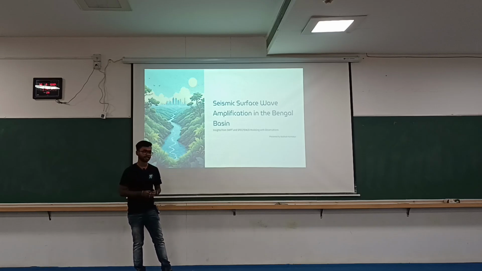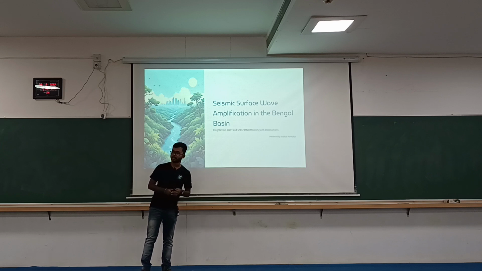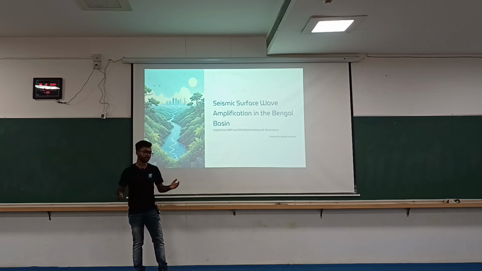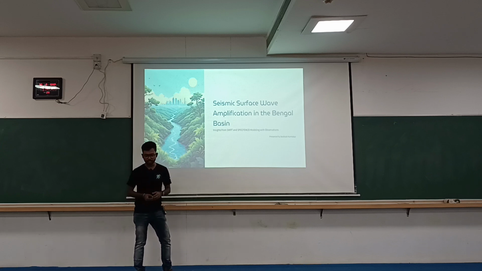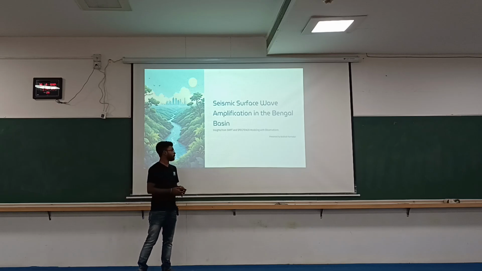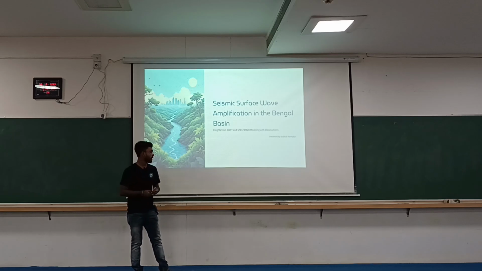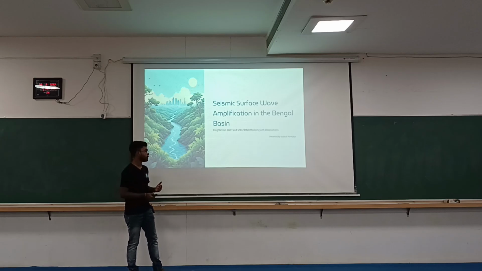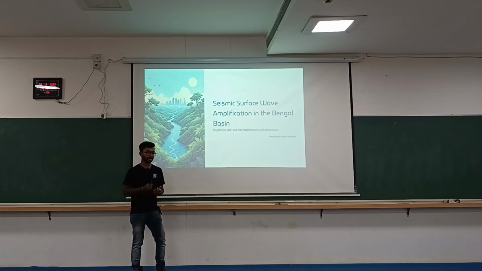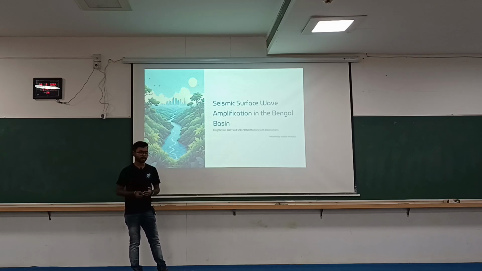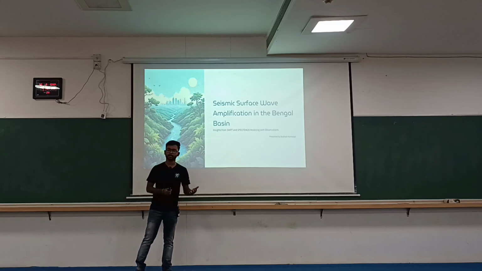But is it the case that 500 kilometers gives us the clean sheet to build higher buildings? So my work was to find whether the seismic attenuation or any kind of geometrical spreading can reduce the effect of surface wave in the Bengal basin.